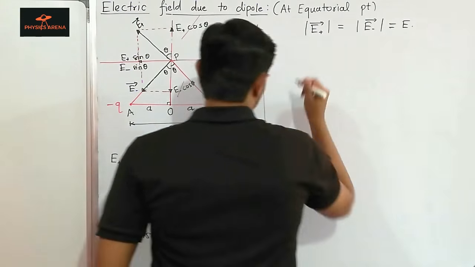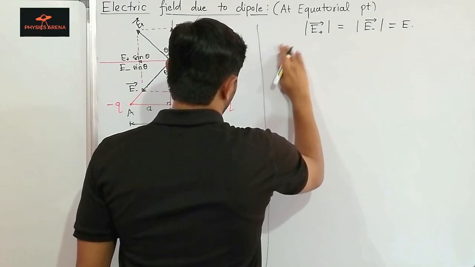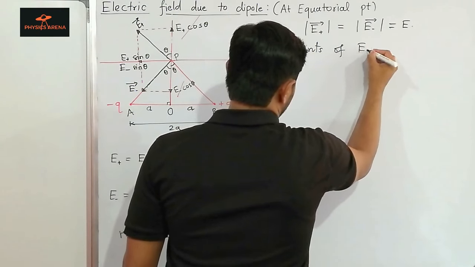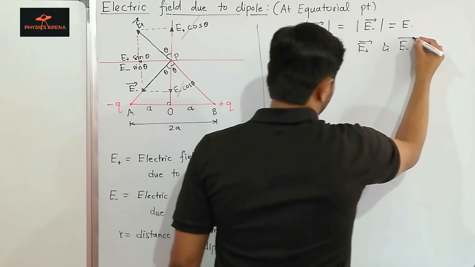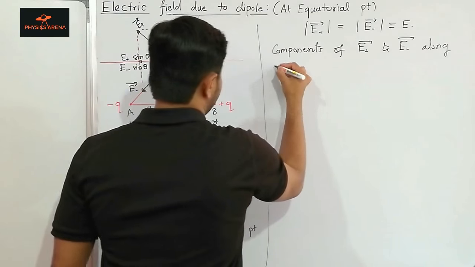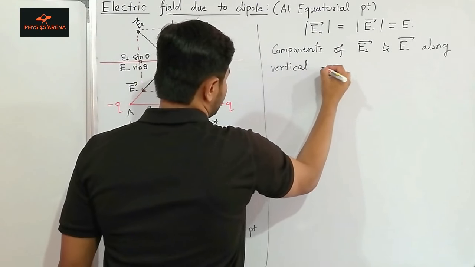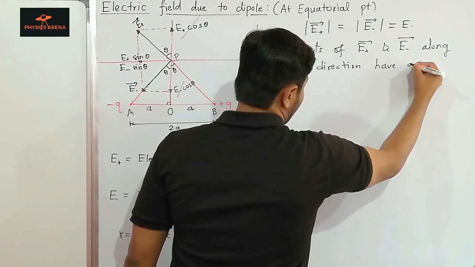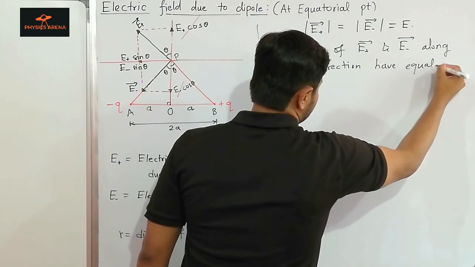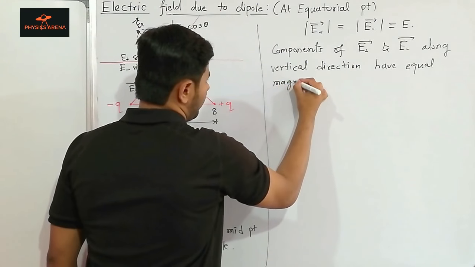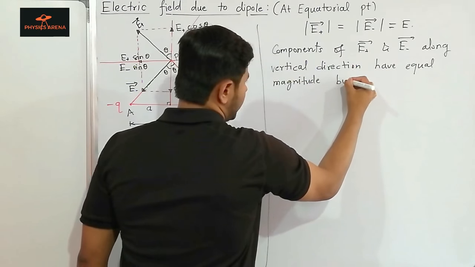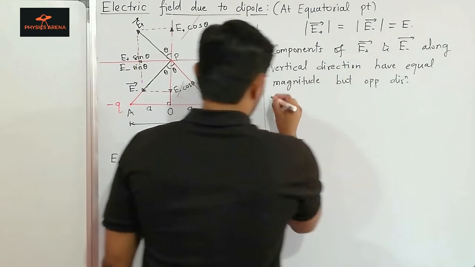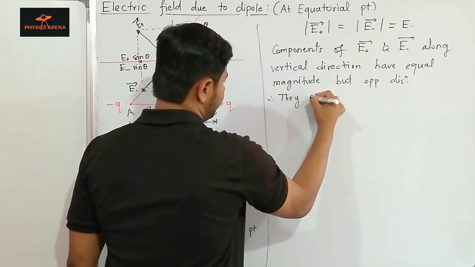So the components of E plus bar and E minus bar along the vertical direction have equal magnitude but opposite direction, therefore they get cancelled out.